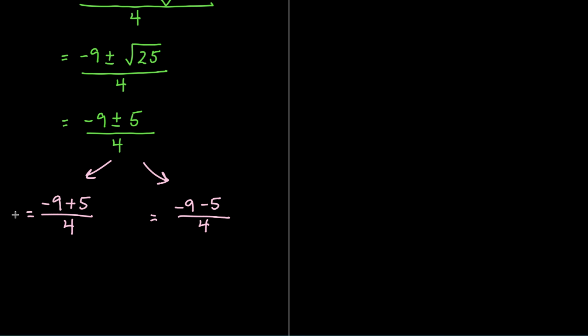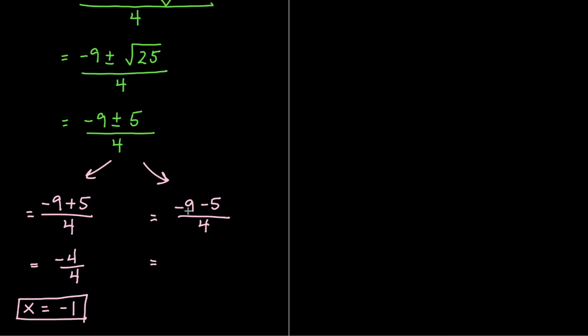Let's do the math here. Negative 9 plus 5 is negative 4, and negative 4 over 4 is negative 1. So that is the first value of x.